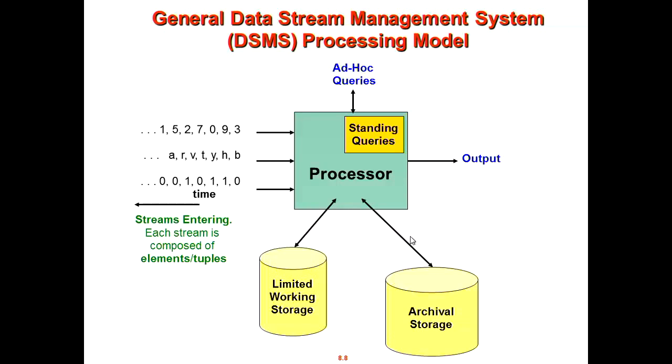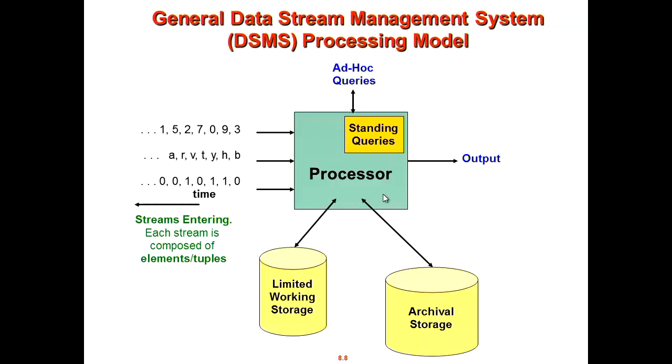The entire data streams may optionally be stored in some other storage for archive. The query processing is mainly based on the limited working storage, not on the entire data streams. So the results are always approximate, not accurate exact results.